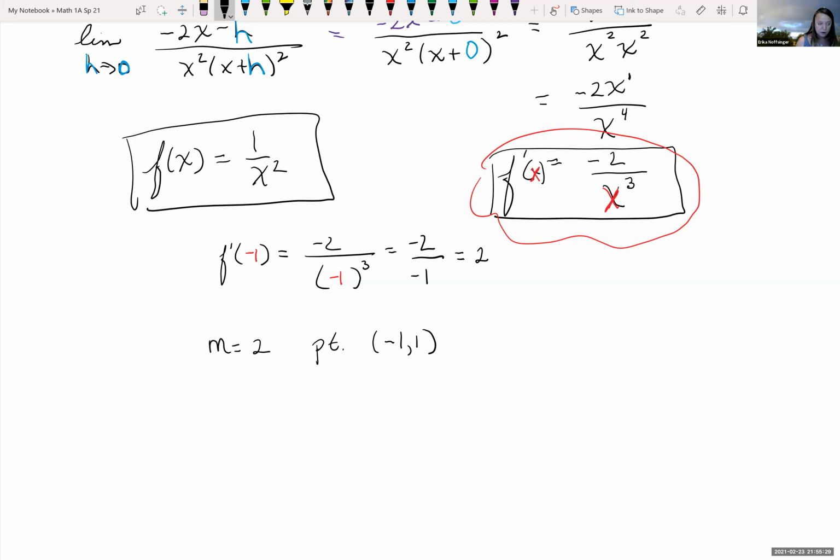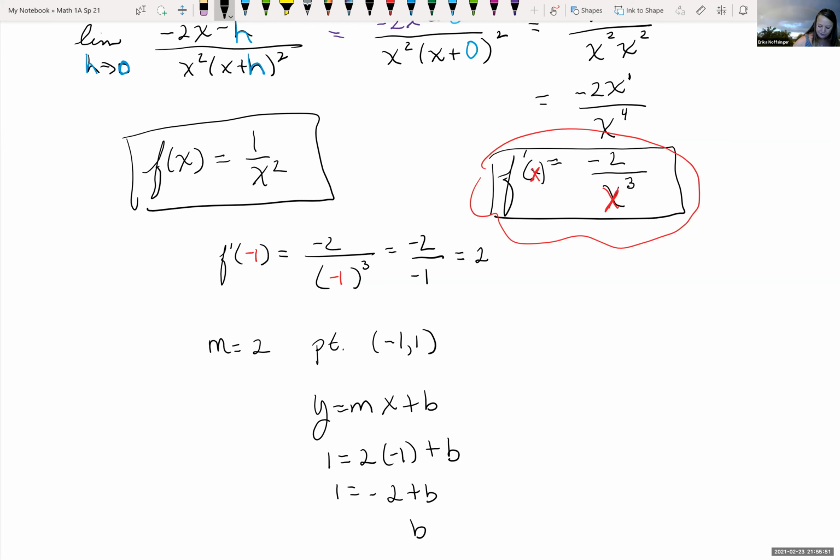And so now we can find the equation of the tangent line by y equals mx plus b. So my y value is 1 equals my slope, which we found was 2, times x, which was negative 1, plus b. So we have 1 equals negative 2 plus b.